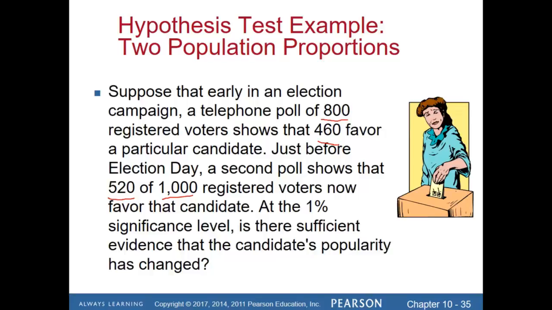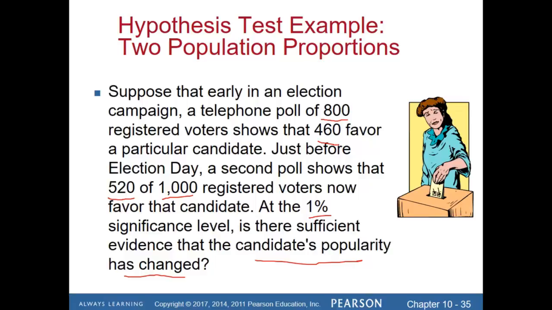And so the question that we're trying to address here is, at the 1% level of significance, is there enough evidence to say that our candidate's popularity has changed? Now, since we're looking at a question where we're evaluating whether a proportion has changed, that's going to be a two-tailed hypothesis test. Change could go either in the positive direction or in the negative direction.